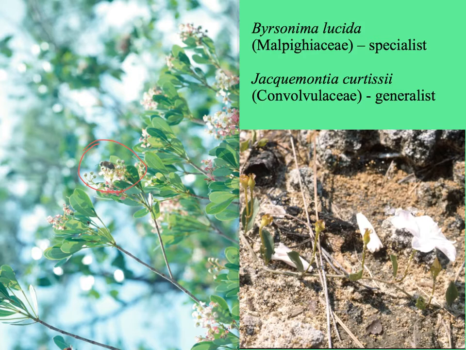To the right is a pineland cluster vine, Jacquemontia curtisii, with wide open, small white flowers. These are about as big as a quarter, a 25-cent piece. And these are wide open with nectar in the middle. They're open to a wide variety of visitors, little flies, big flies, bees, and butterflies.